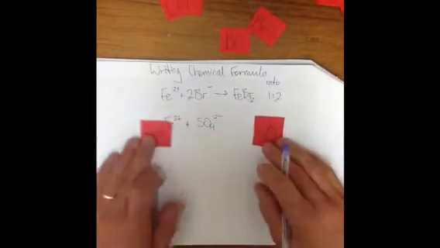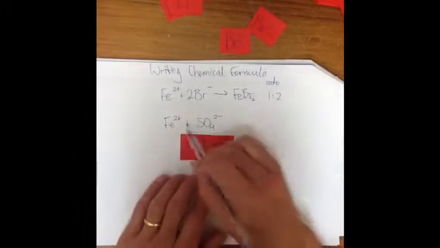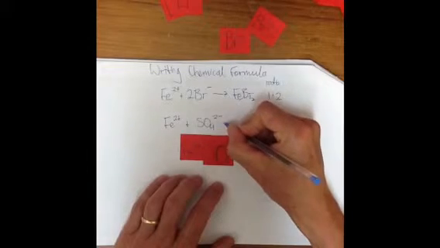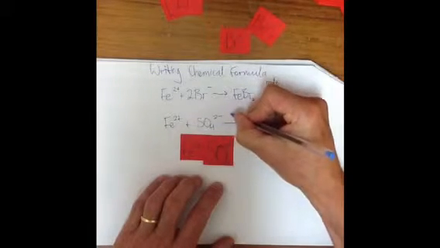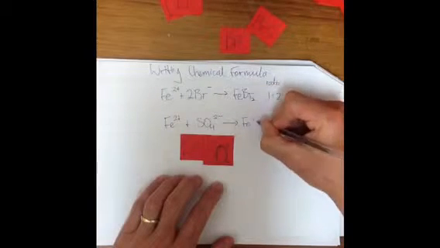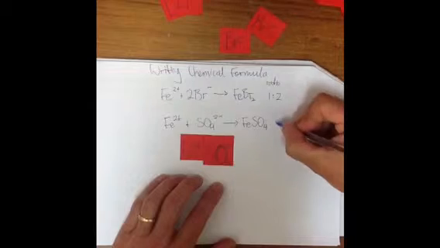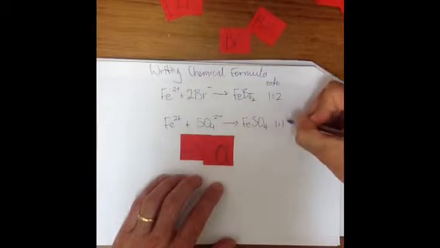When these combine, they balance straight away because 2 plus and 2 minus gives us a 0. So we have up here a 0 neutral charge, and that becomes FeSO4. And our ratio here is 1 to 1.